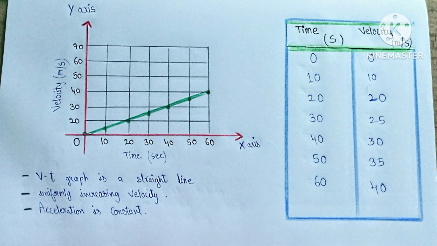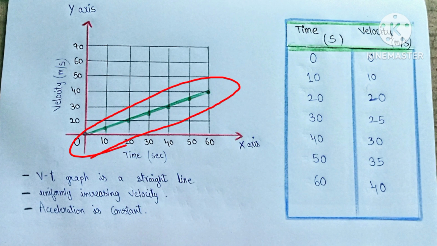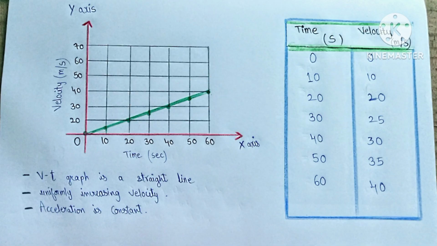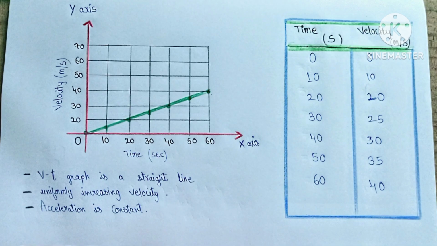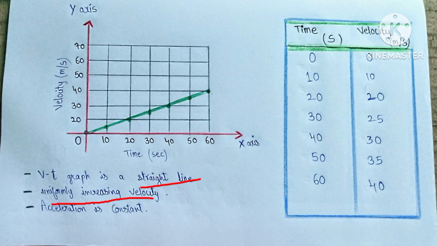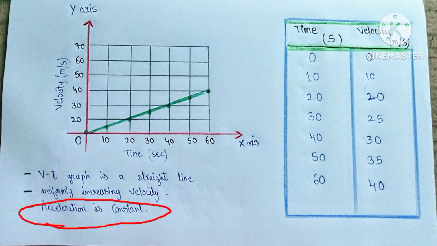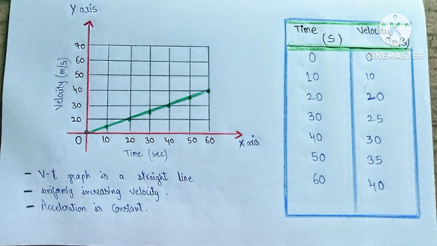So whenever we see a velocity time graph which is a straight line, not parallel to x-axis, with uniformly increasing velocity, then the acceleration is constant.